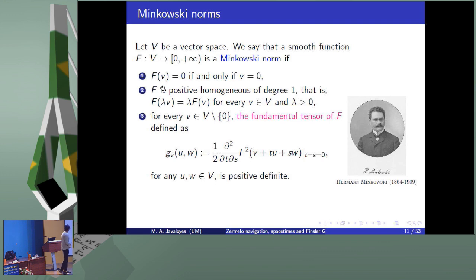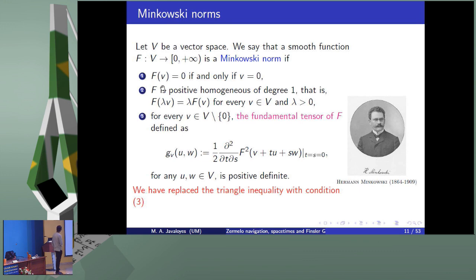And the third condition is that the fundamental tensor, which is basically the Hessian of f squared, this quantity, which gives a tensor in every direction, has to be positive definite. I mean, this is a scalar product, and this scalar product has to be positive definite. The only thing that we have replaced with respect to the norm of analysis is the third condition.